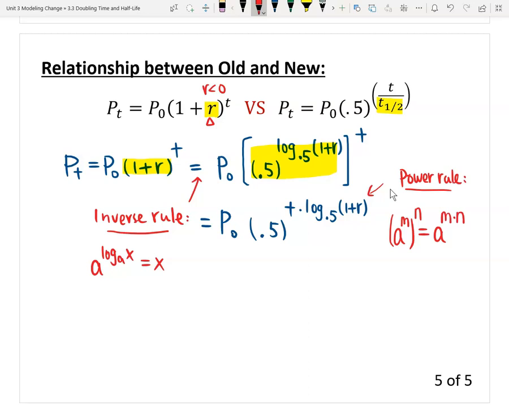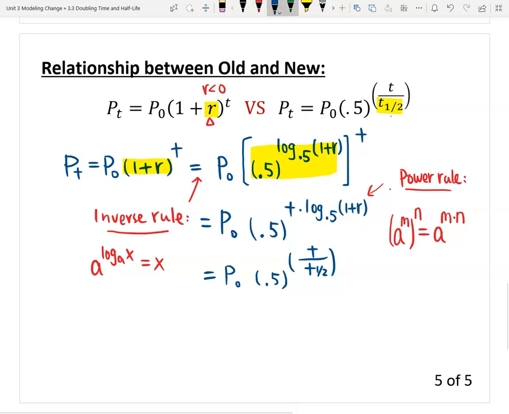Almost the last step, because the base is 0.5 and we have the remaining power. The new model is almost the same, so let's convert this one directly to the new model, which means t over T1/2.